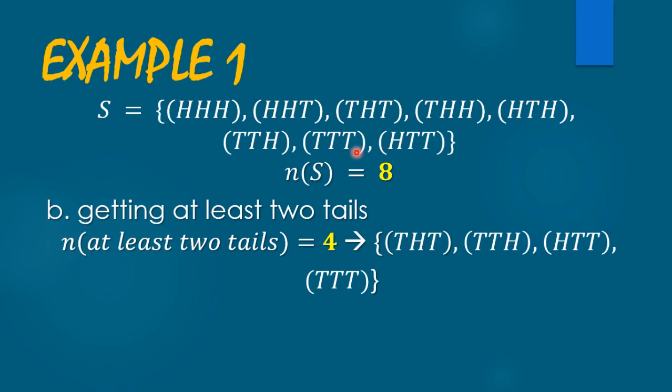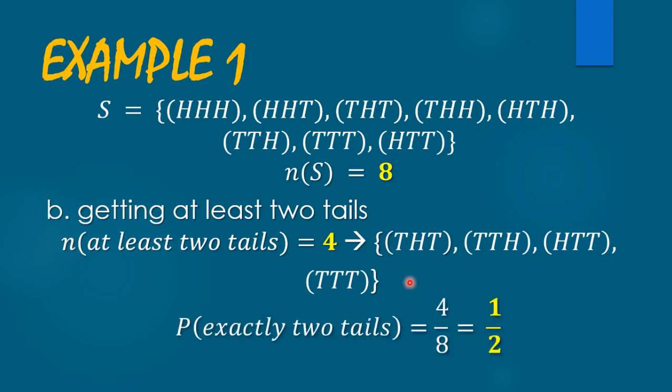And since it is at least 2 tails, we can also take 3 tails, so we can have tail, tail, tail. So again, we have 4 elements. So to find its probability, we have the number of elements in the given event, which is 4, over the number of elements in the sample space, which is 8. So we have 4 over 8, or this is simply equal to 1/2.